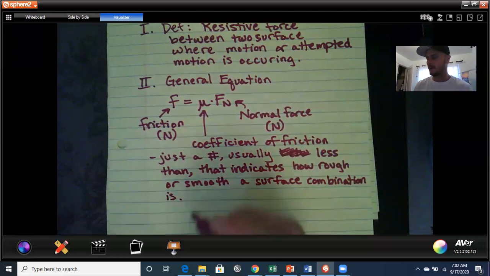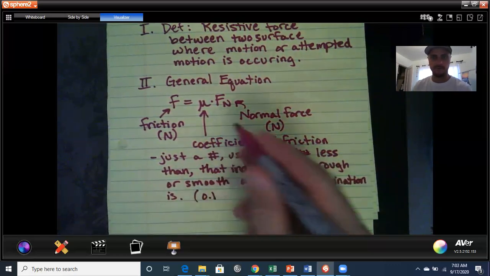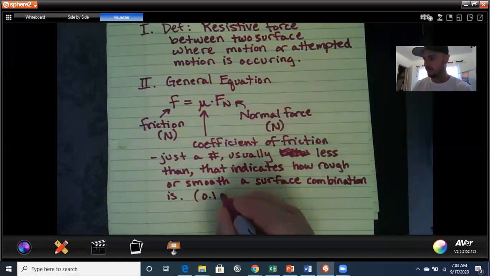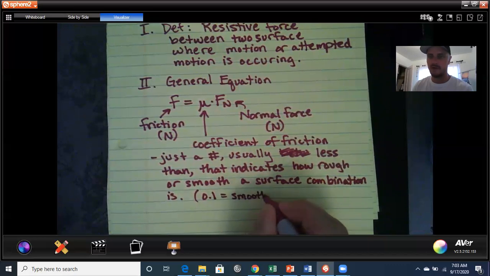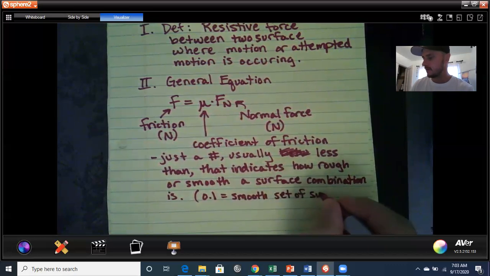And just to clarify, if I had something like 0.1 as my coefficient of friction, this would mean a smooth combination, right? A smooth set of surfaces in contact.